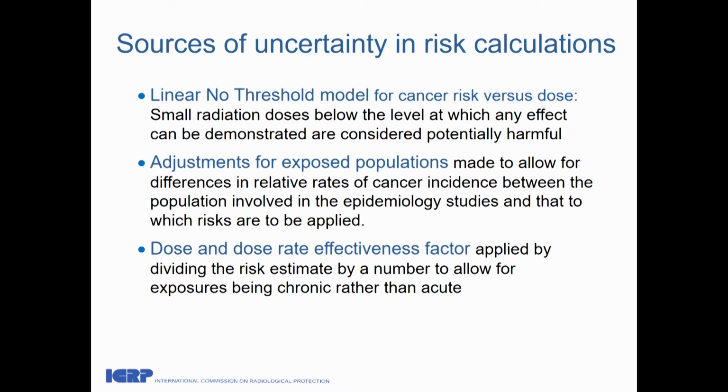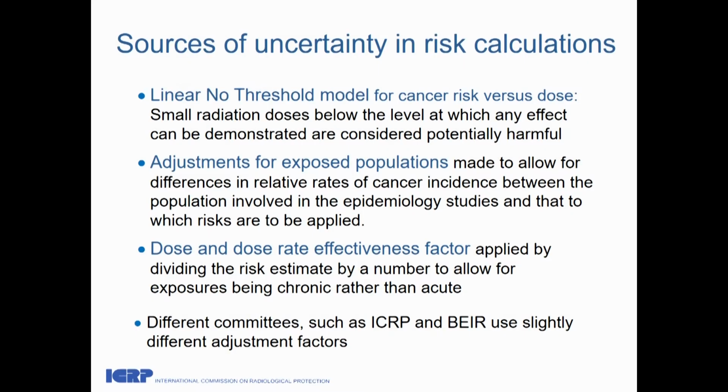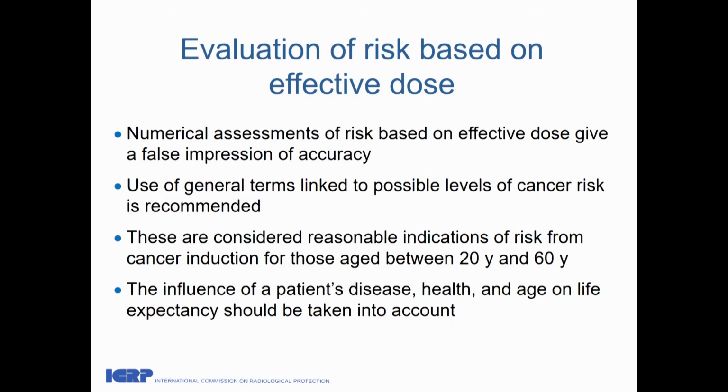So that's an adjustment factor. We have another one for the dose and dose rate effectiveness factor, because low dose rates may not be as effective in producing cancer. But different committees such as ICRP and the Biological Effects of Ionizing Radiation Committee use slightly different adjustment factors.